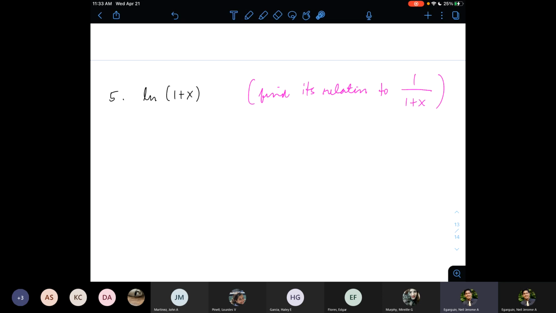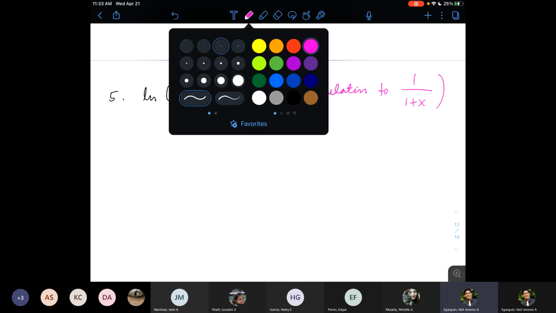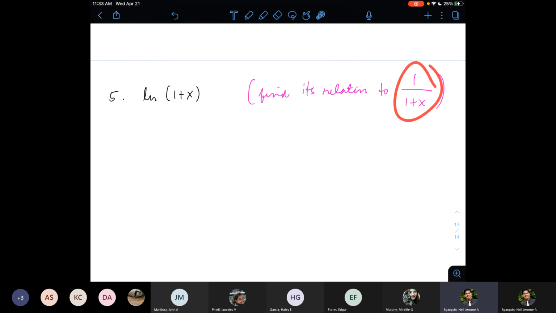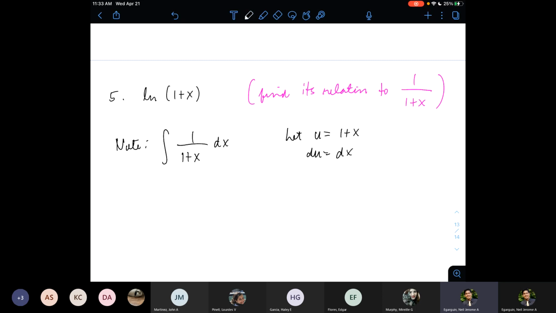Yeah, exactly, Herson. Here you have a rational function, and here you have an ln. So it brings to mind that when I integrate this guy, I'm going to get the given function. Note that the integral of 1 over 1 plus x dx can be obtained by letting u equals 1 plus x. du will just be dx.